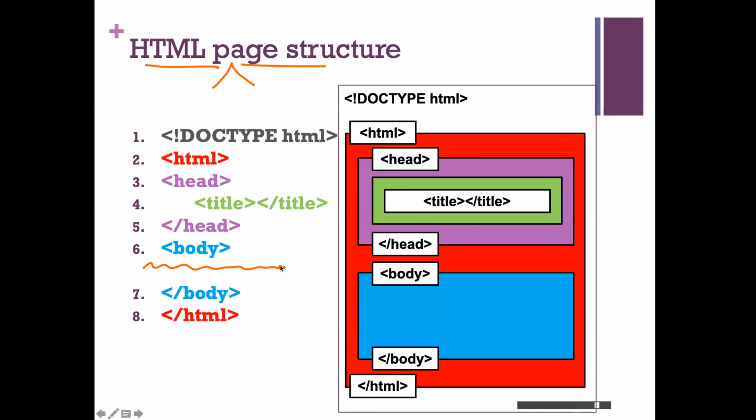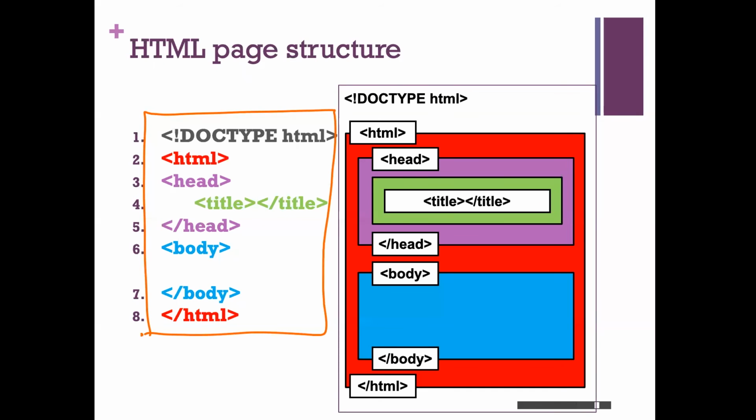Now, let's look at the structure. What you see in the left column over here is the blank HTML. Even if you don't put anything, if you just create a blank HTML, it will have this structure already created for you. You have this declaration, and the declaration does its job of declaring it as HTML.